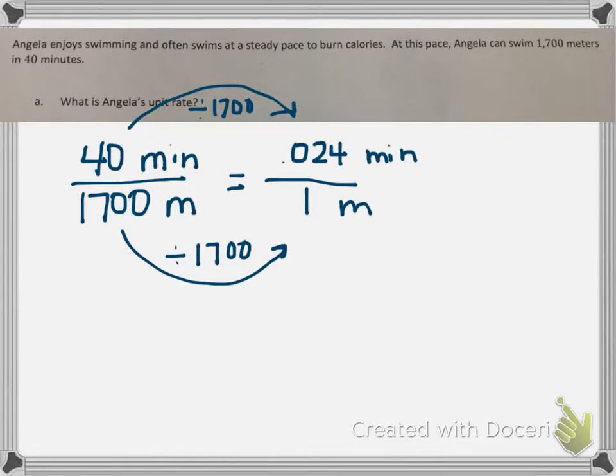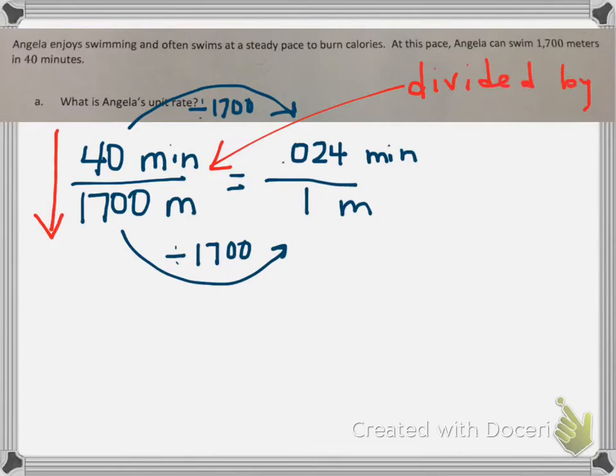There is one other thing that you could do to find the unit rate, and maybe you've noticed what we're really doing is we're just dividing and kind of doing what the fraction tells us to do. If we look at the fraction and we start from the top, this fraction says 40. Remember, the fraction bar means divided by.